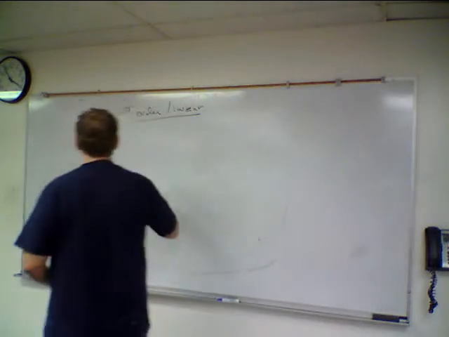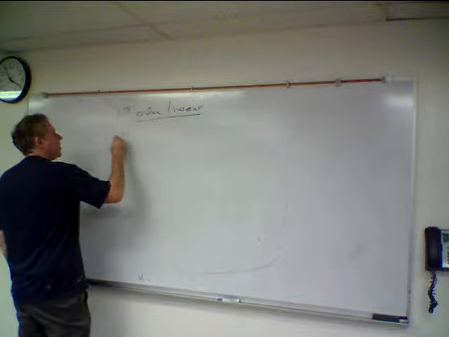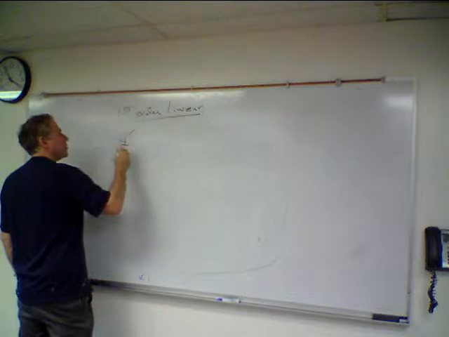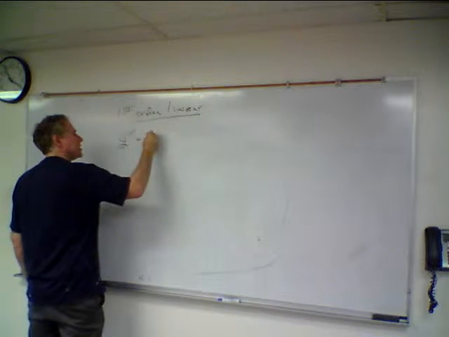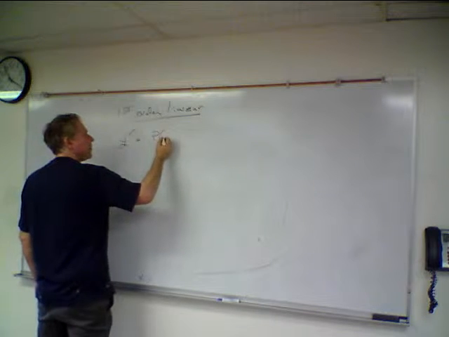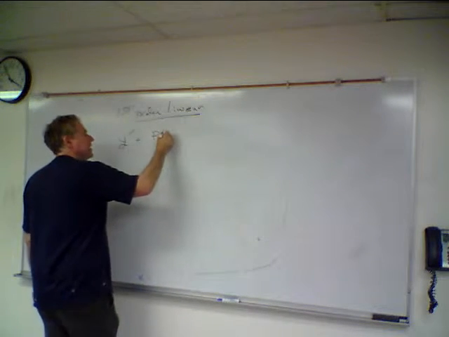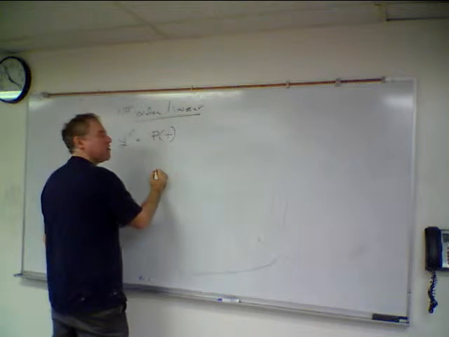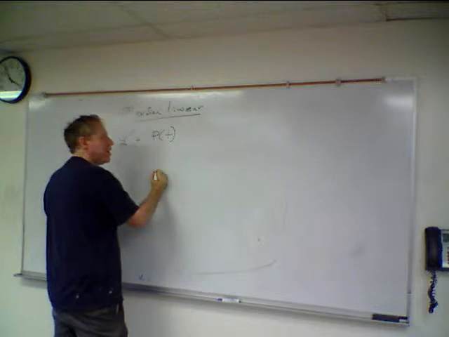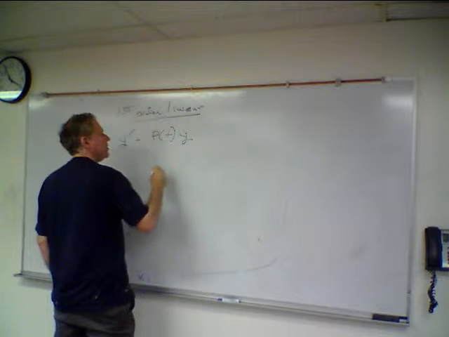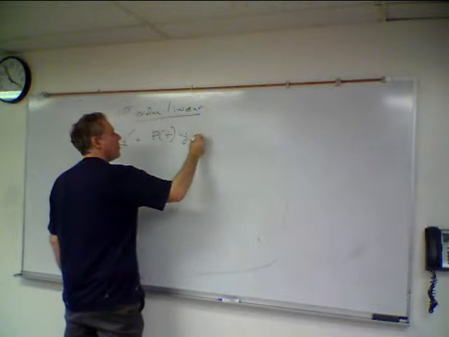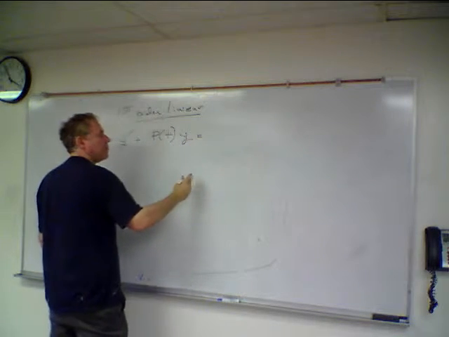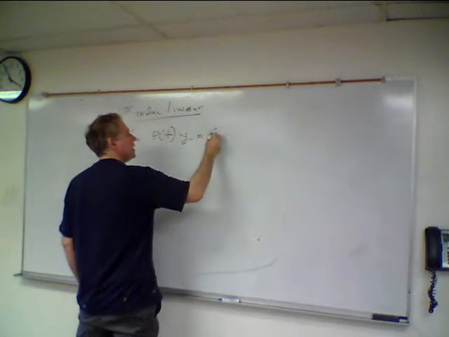first order linear looks like this. You have y prime, the derivative, and then you have some function of x or t in this case, some function of t, and then you have y, and then you have some other function, whatever you want to call it, g of t.